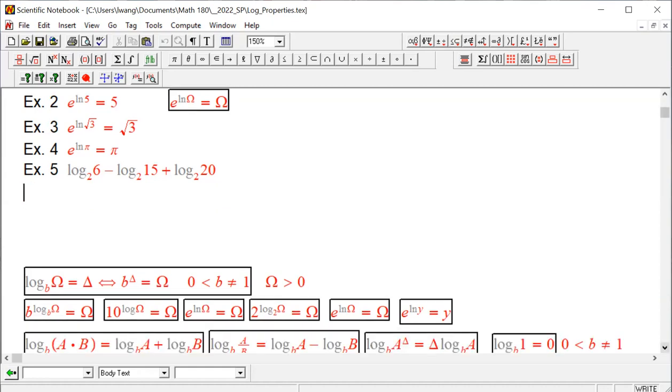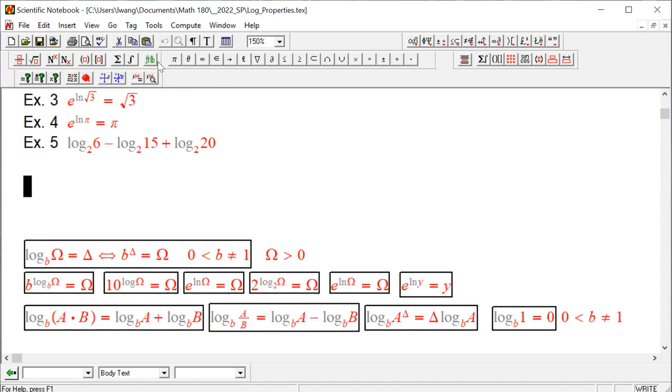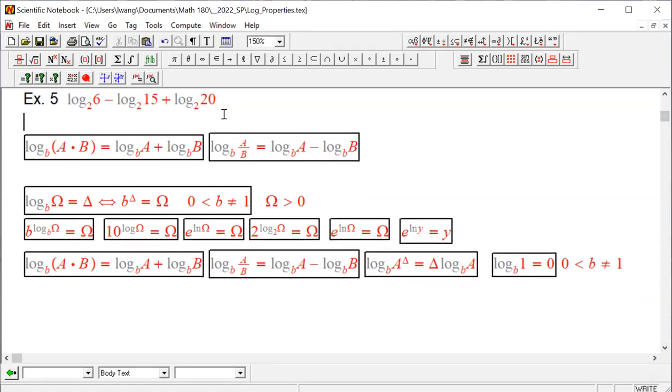Okay, so it seems that we have product and quotient, we have both. So which one shall we use, right?